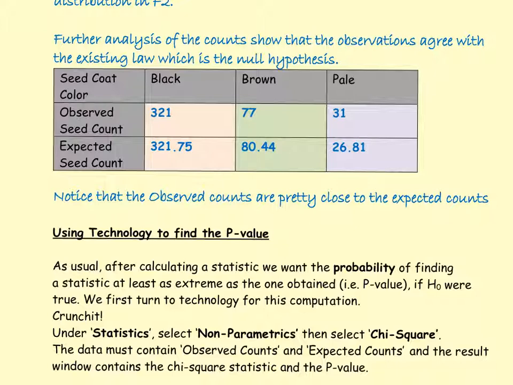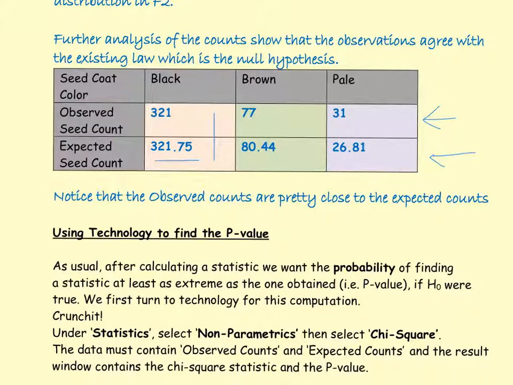Now, we do not have any evidence against the null hypothesis, so let's go and look once again at the data that were given to us and our expected counts that we calculated. And let's see if the counts tell us the same story. So we have 321 black, which was observed, and our expected count was pretty close, which was 321.75.